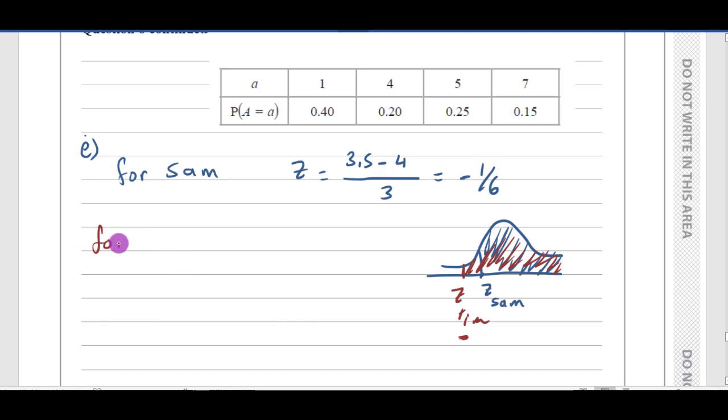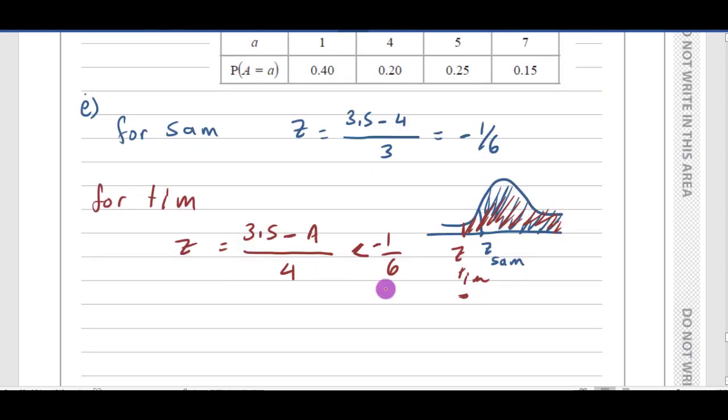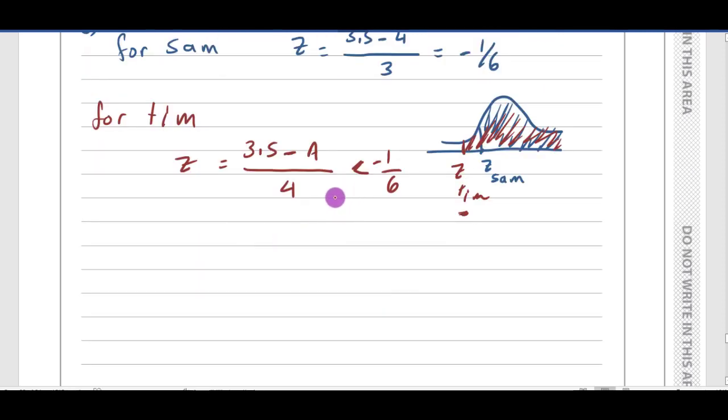So for Tim, we can write Z, which is equal to 3.5 minus A divided by 4, will be less than, because we are here, minus 1 over 6. So now we can multiply by 4, so 3.5 minus A is less than minus 4 over 6.